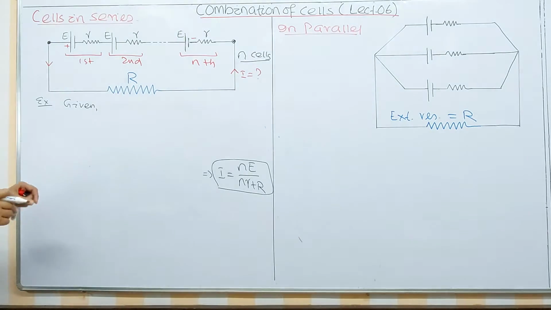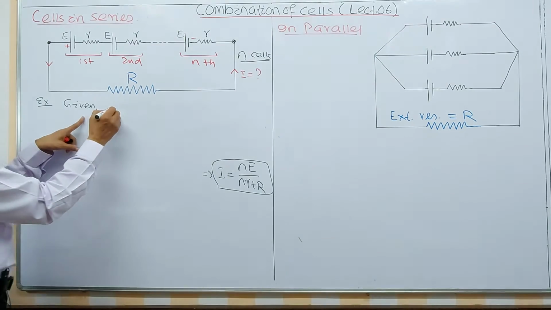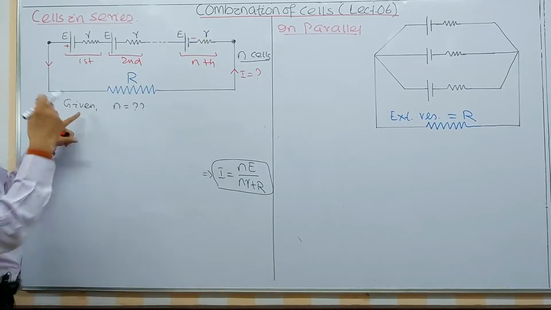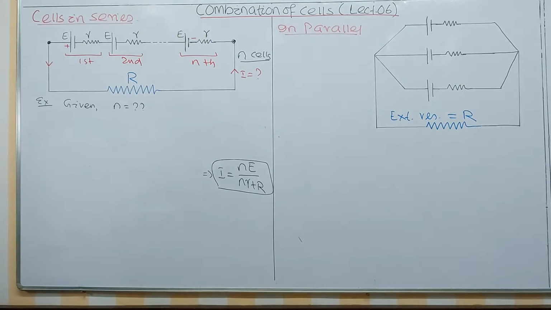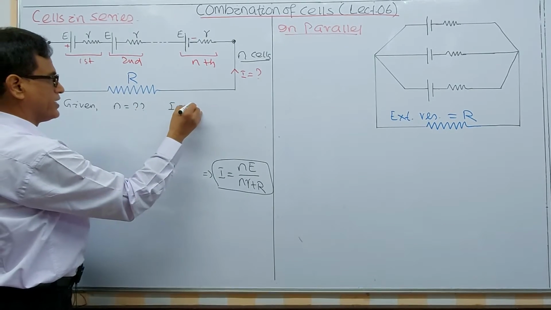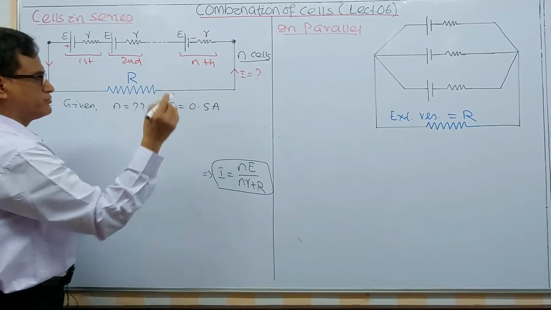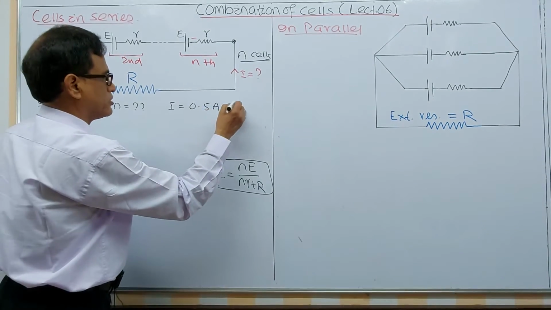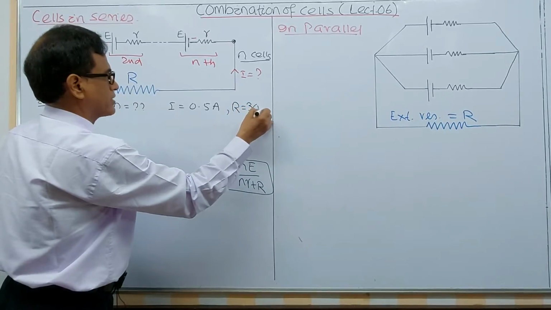Given: calculate the number of cells in a circuit, in series, to send a current of 0.5 ampere in the circuit having an external resistance of 30 ohm.